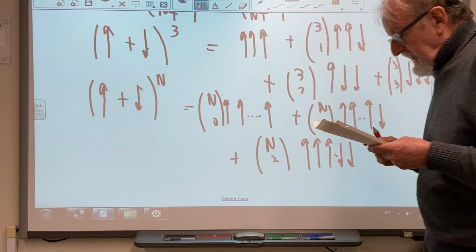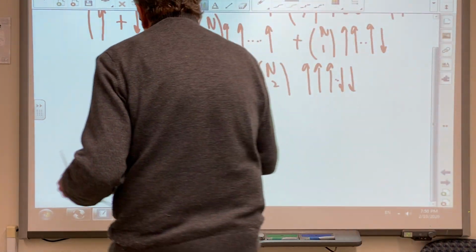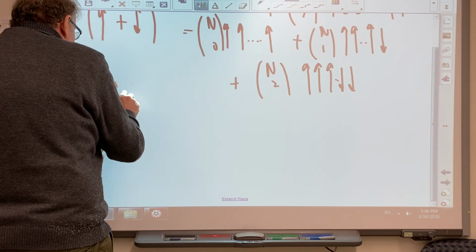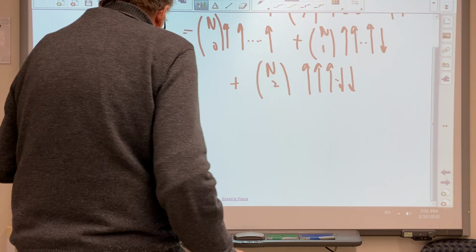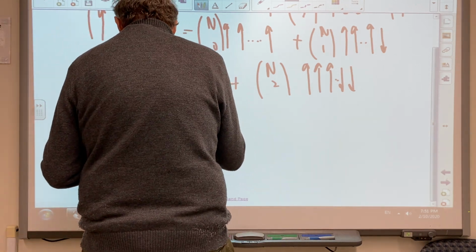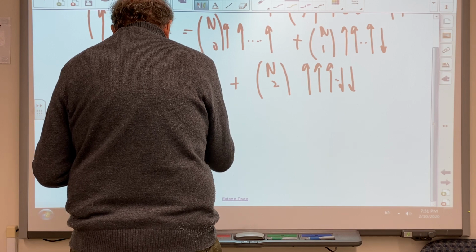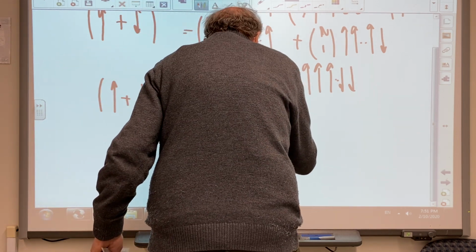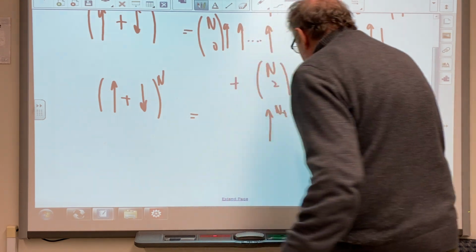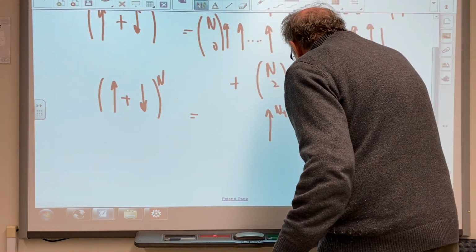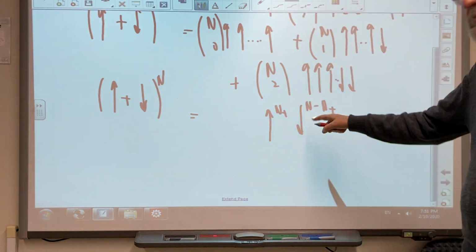And if you have any doubt about that, one practical notation to write this is the following. This plus this to the power n is simply: I can write how many spins up, n plus, and spins down, n minus, or n minus n plus.